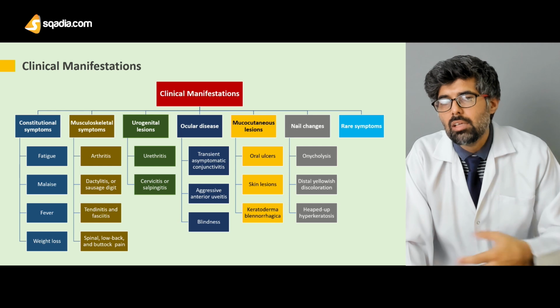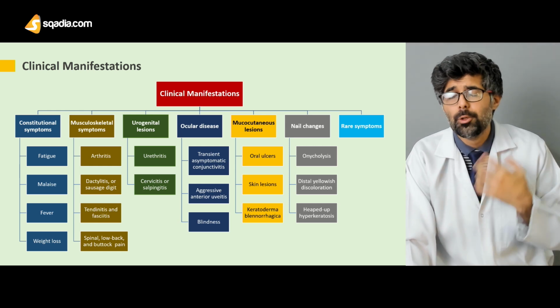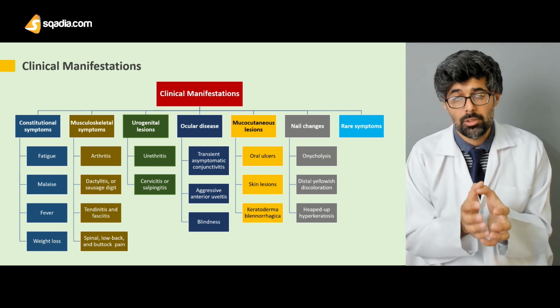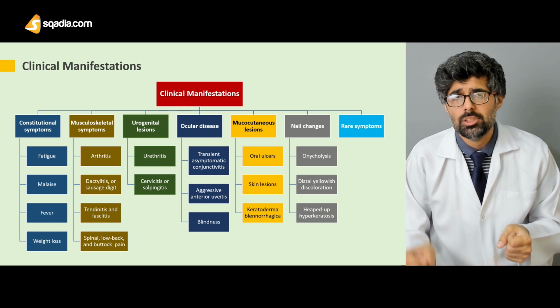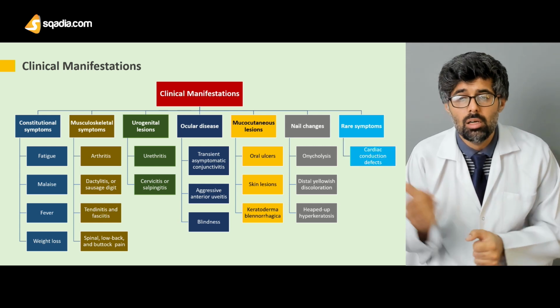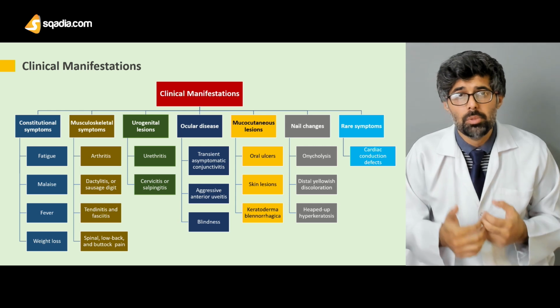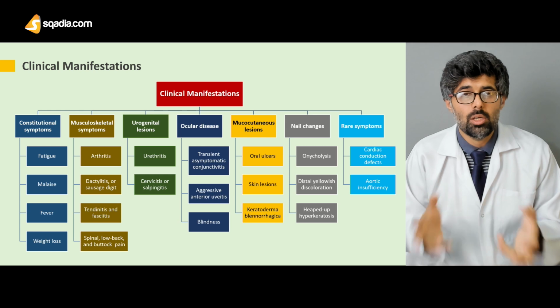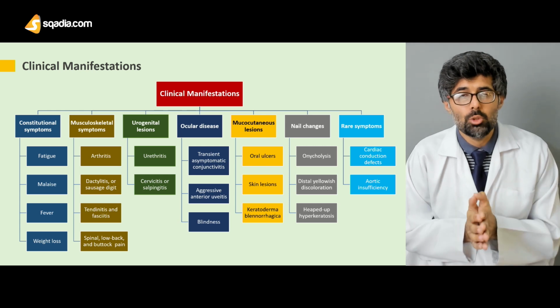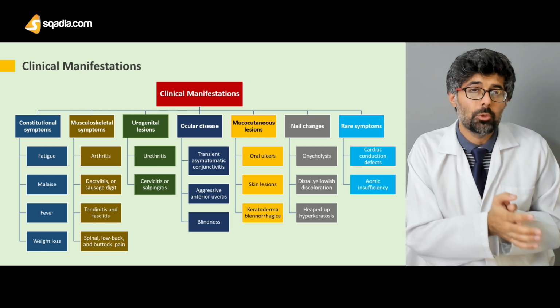Now, next are the rare symptoms. These are the symptoms which are usually only found when you either look very hard or in very few patients. Now, these rare symptoms are the cardiac conduction defects, where there's some kind of a problem between the nodes of the heart. It can be aortic insufficiency due to either dissection or hardening of the aorta.